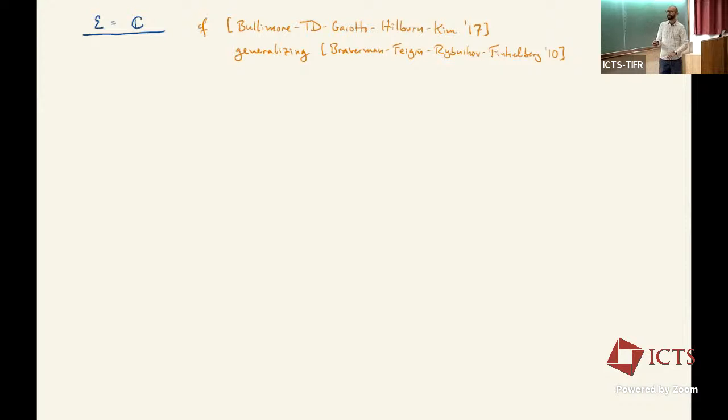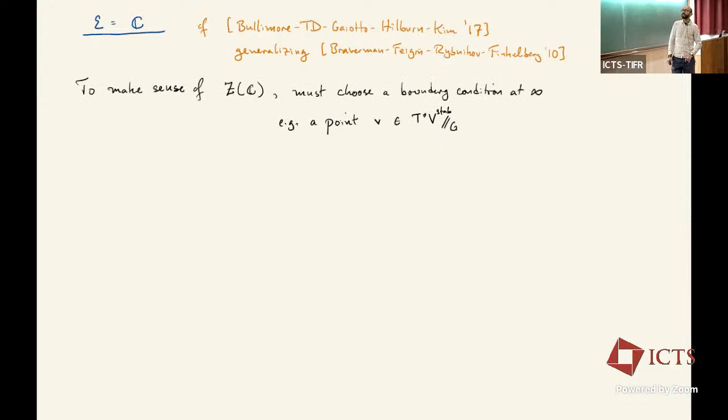It had to do with actions of finite W algebras on quasi-maps into flag varieties by Braverman, Finkelberg, and Feigin, Rybnikov. We described this a bit.